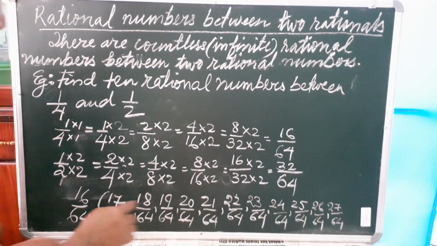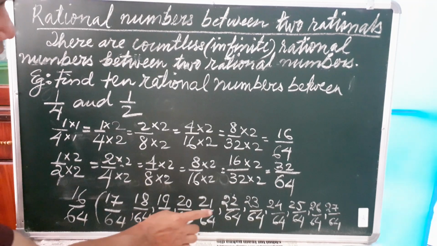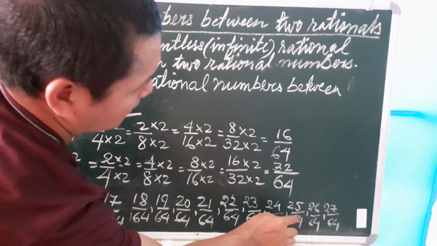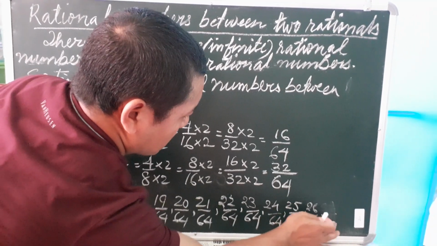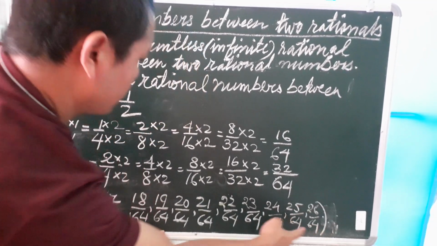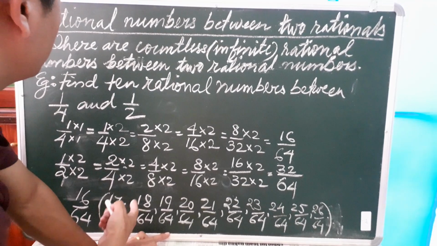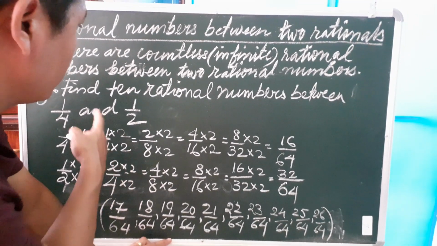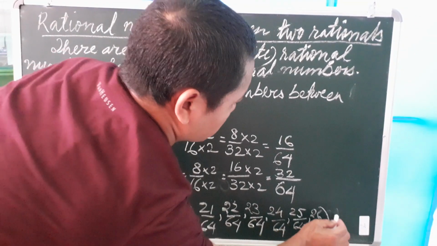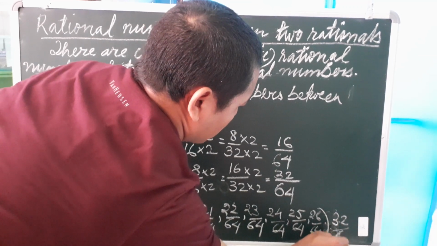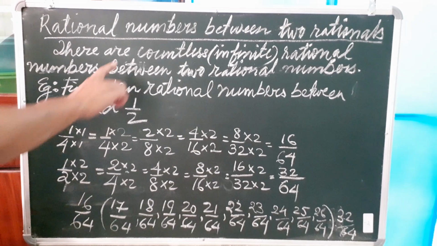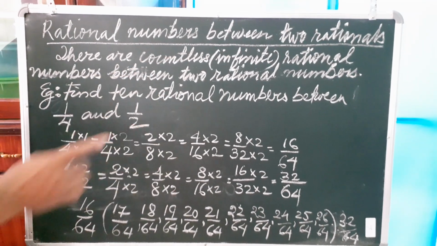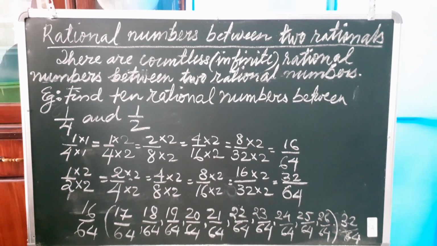Now let us count 1, 2, 3, 4, 5, 6, 7, 8, 9, 10. Up to 26 by 64 you can take. These are 10 rational numbers between 1 by 4 and 1 by 2. In this way you can find infinite, countless rational numbers between two rational numbers.